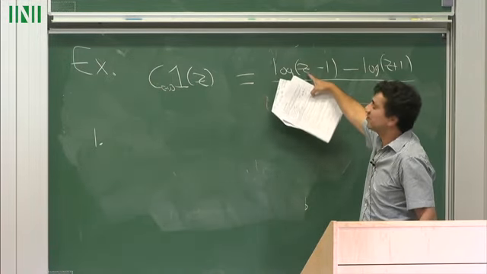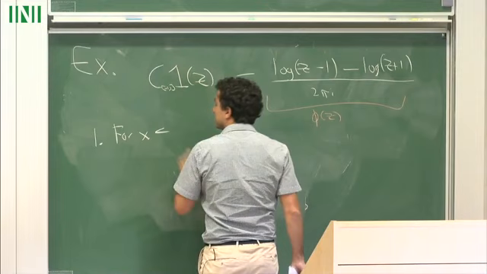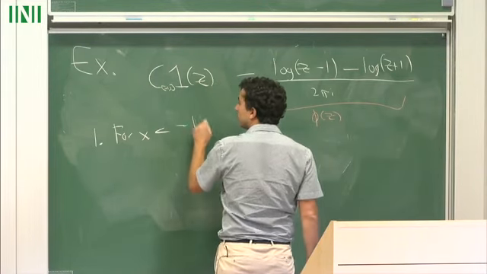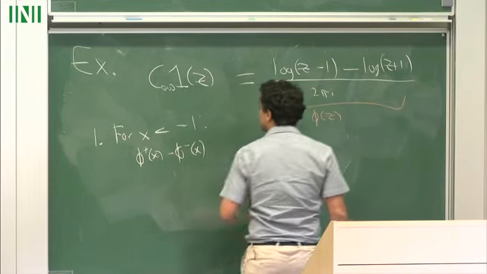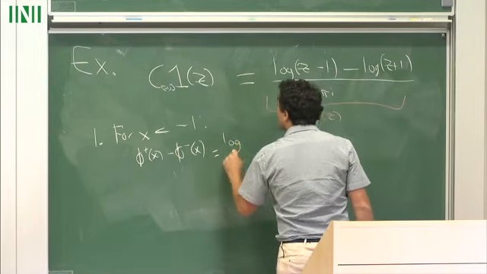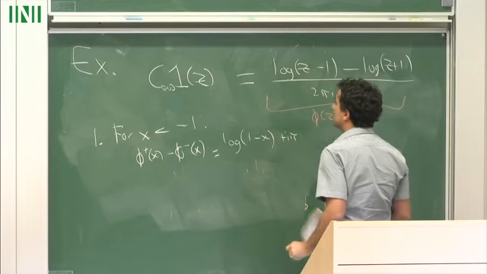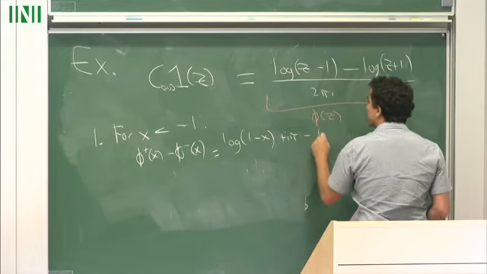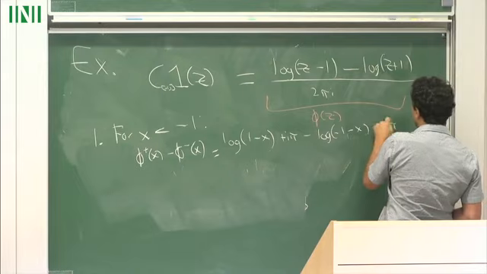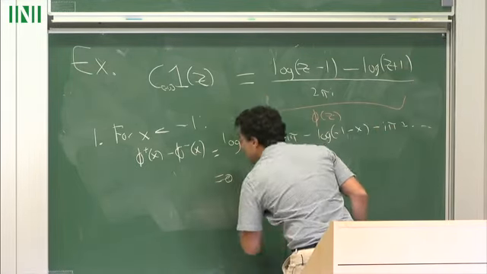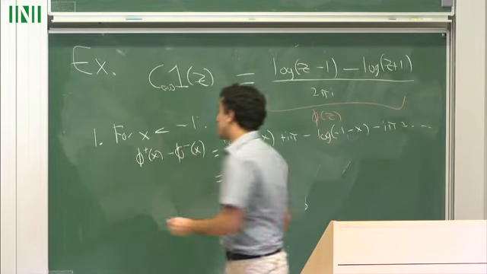Well, you have to be a little bit careful because these both have branch cuts on the negative real axis, but for x less than -1, we have phi plus of x minus phi minus of x is equal to log 1 minus x plus i pi minus log minus 1 minus x minus i pi plus dot dot dot is equal to 0. So therefore, phi plus minus phi minus is continuous, and therefore it's analytic everywhere off gamma.